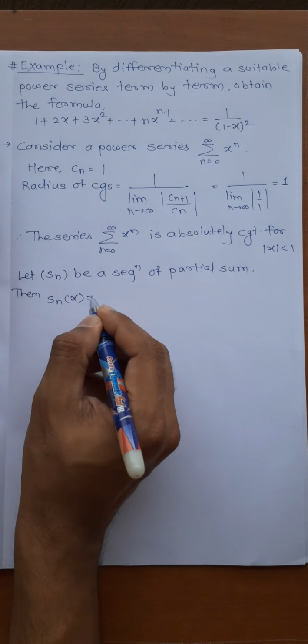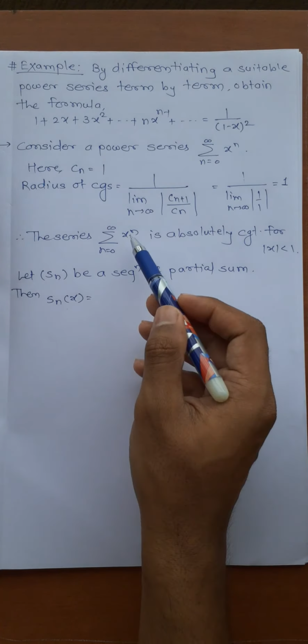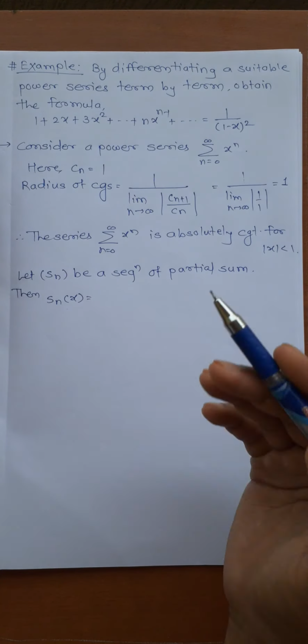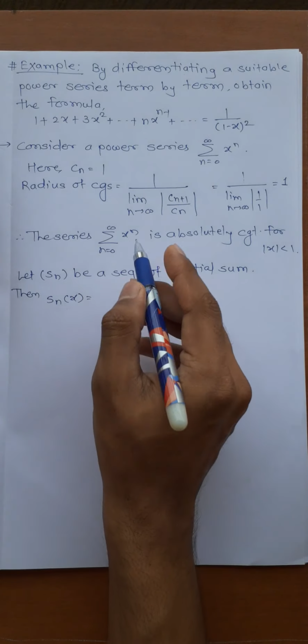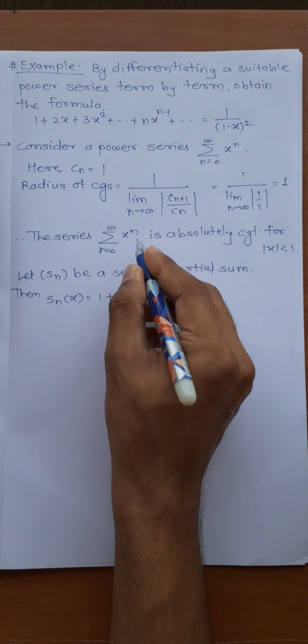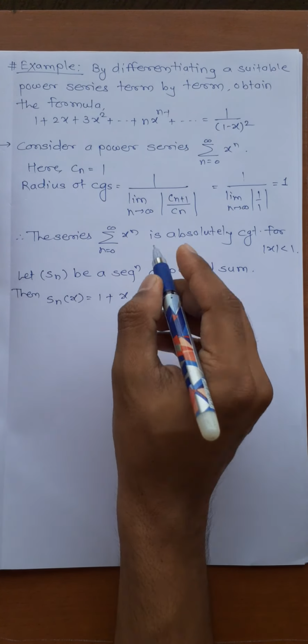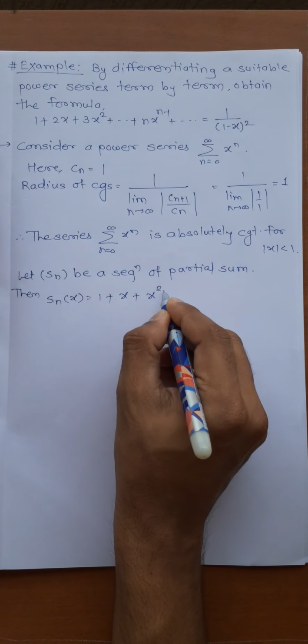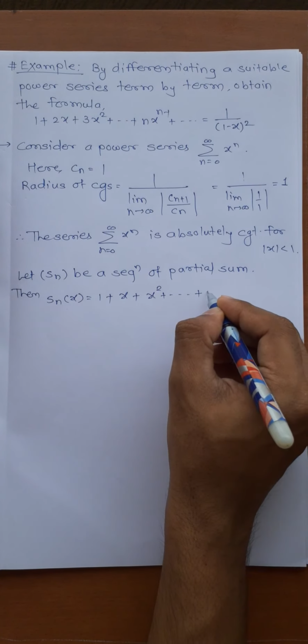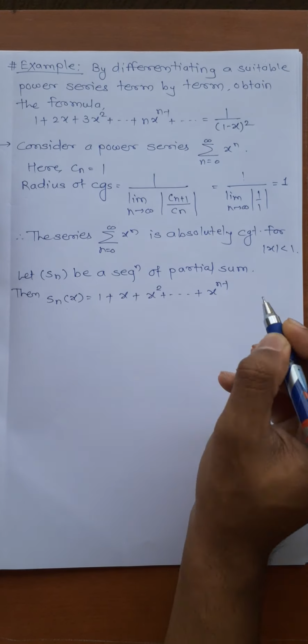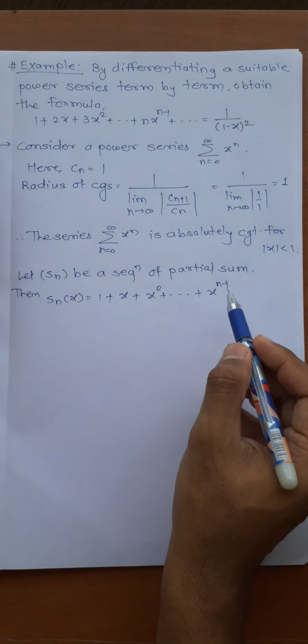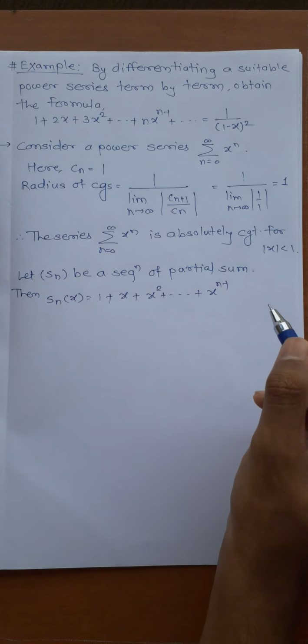Sn of x means the sum of first n terms. That means I will put in this series n equal to 0, 1, 2, 3. If I put 0, x raised to 0 is 1. If I put n equal to 1, x. If I put n equal to 2, x square. In this way I will take the first n terms. That means obviously it goes up to x raised to n minus 1, since we start with 1.